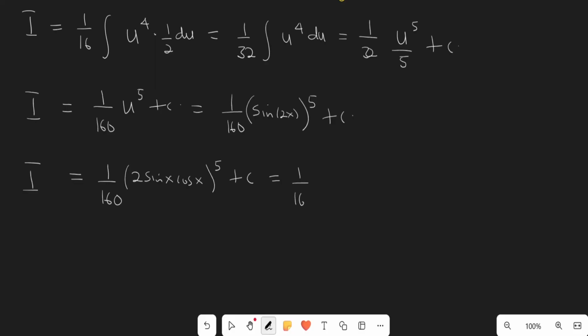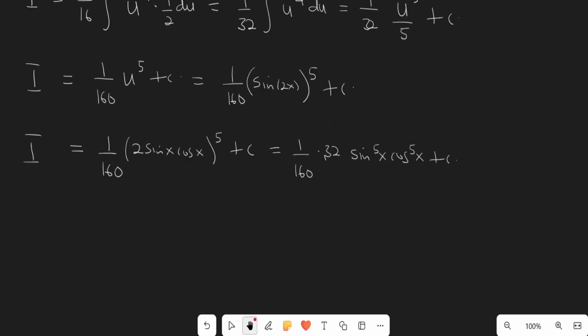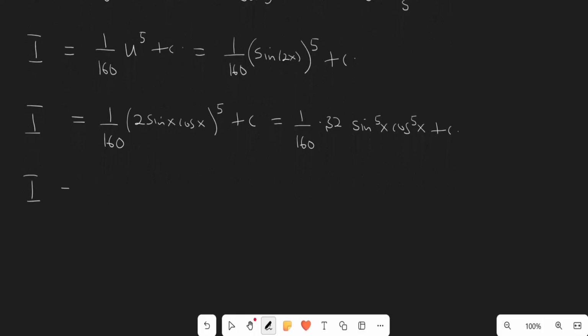So 1 over 160, 2 raised to the power 5 is 32, and then sine raised to the power 5 of x cosine raised to the power 5 of x plus the constant of integration. So I is going to be 32 over 160, which is 1 over 5, then we have sine raised to the power 5 of x cosine raised to the power 5 of x plus the constant of integration.